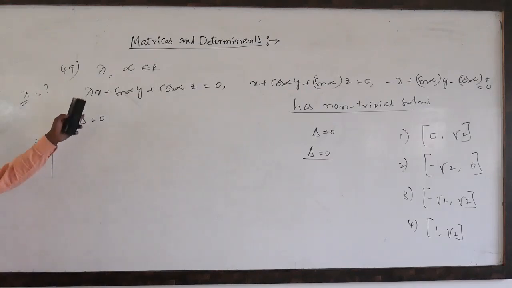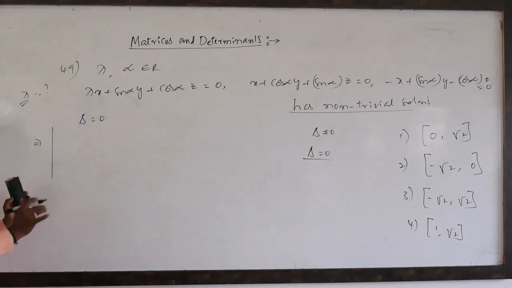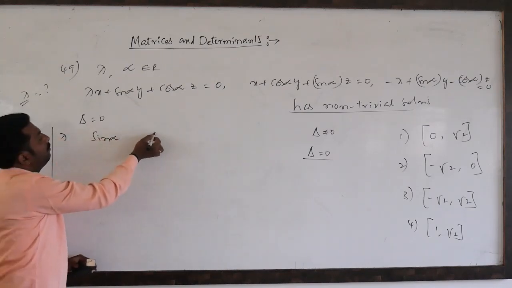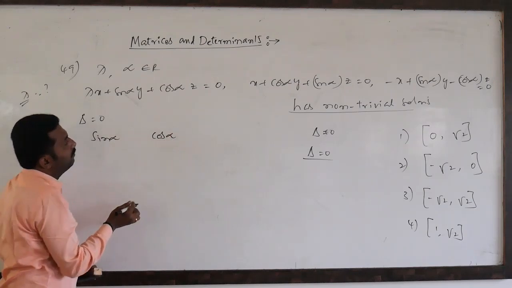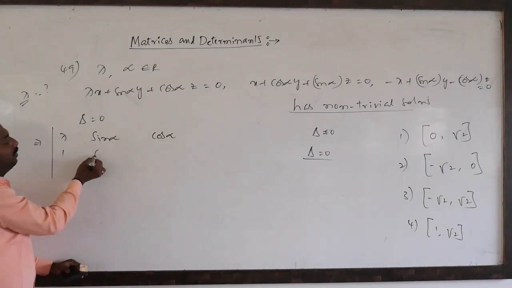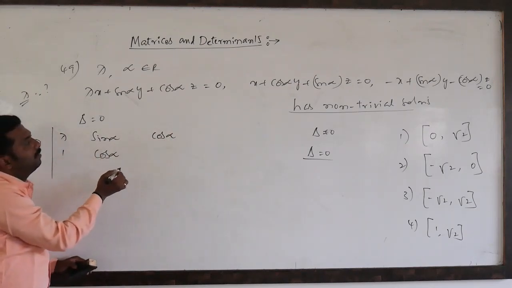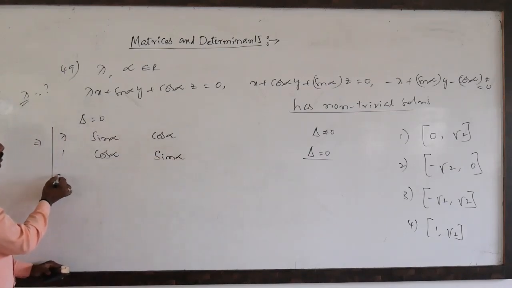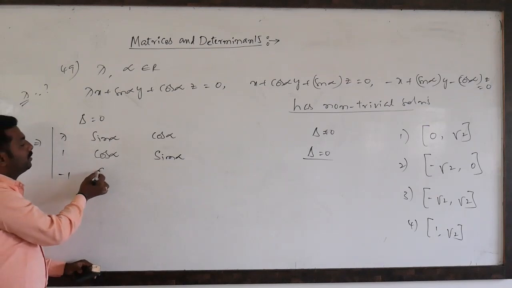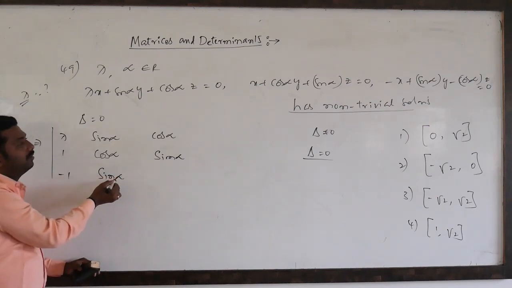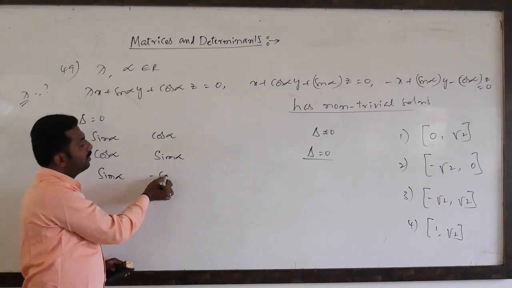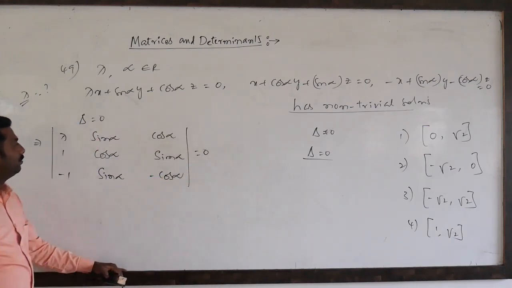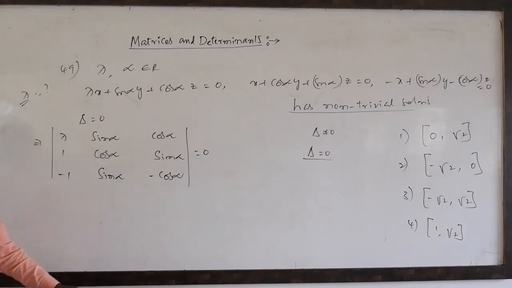It is the determinant of the coefficient matrix: lambda, sin alpha, cos alpha; 1, cos alpha, sin alpha; minus 1, sin alpha, minus cos alpha, equal to 0. Lambda value is what they are asking.